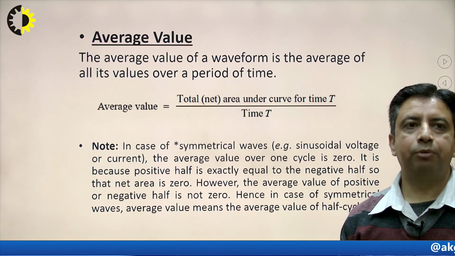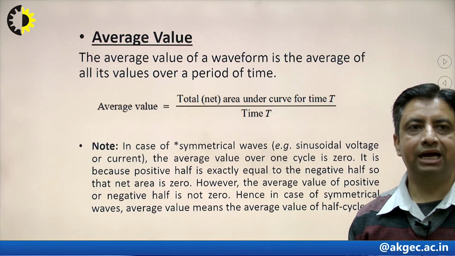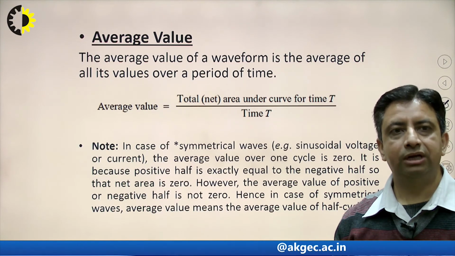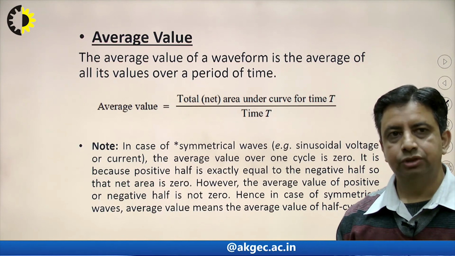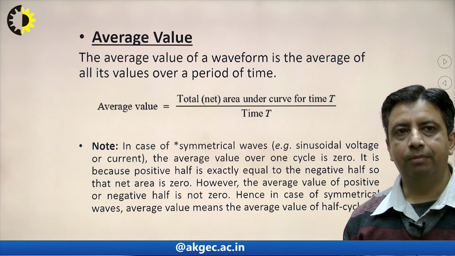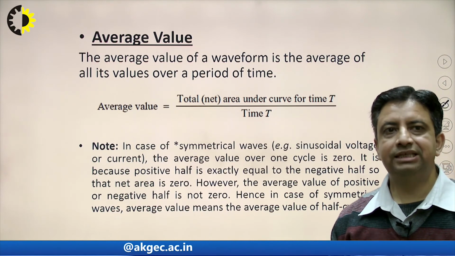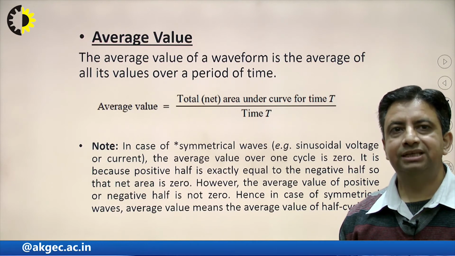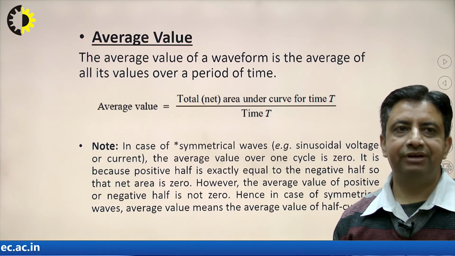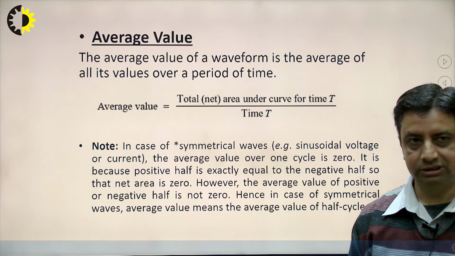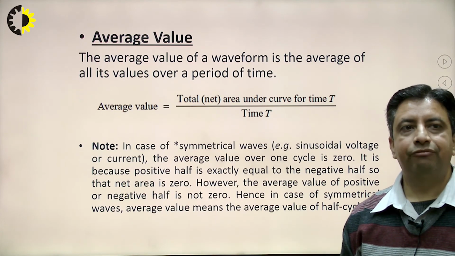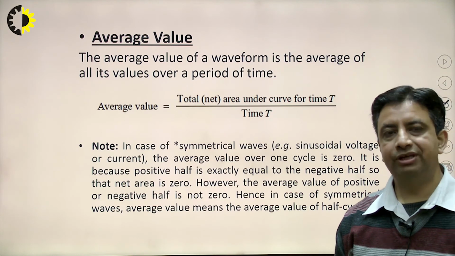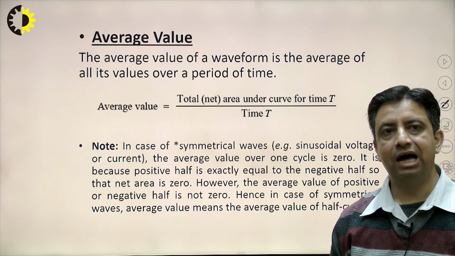One important aspect of this average value is that for any symmetrical waveform, like an alternating voltage quantity, the positive half is equal to the negative half. So over a complete cycle, the average value will come out to be equal to 0. That is why for any symmetrical waveform, average value always means the average over the half cycle.